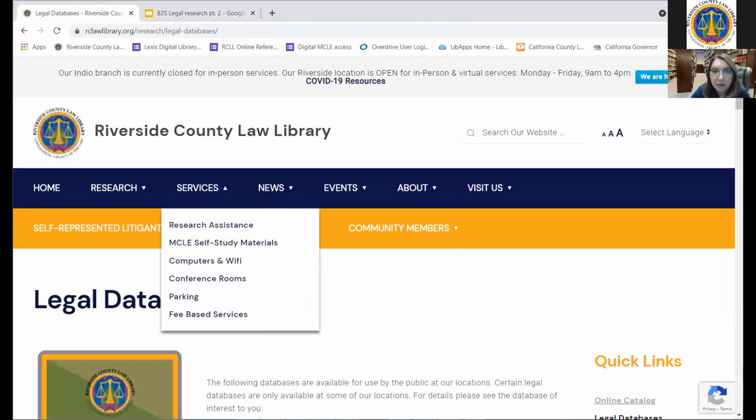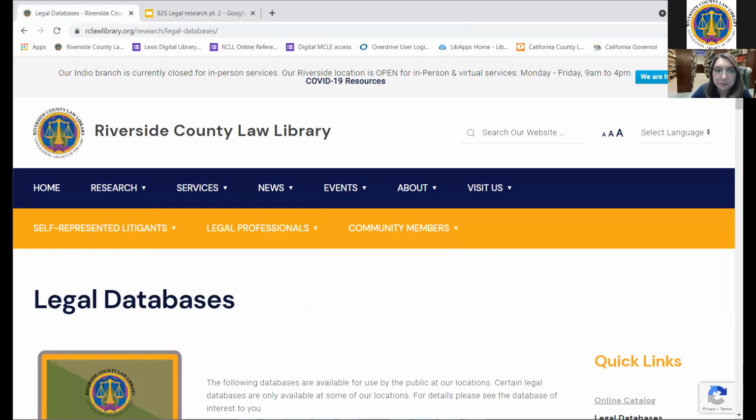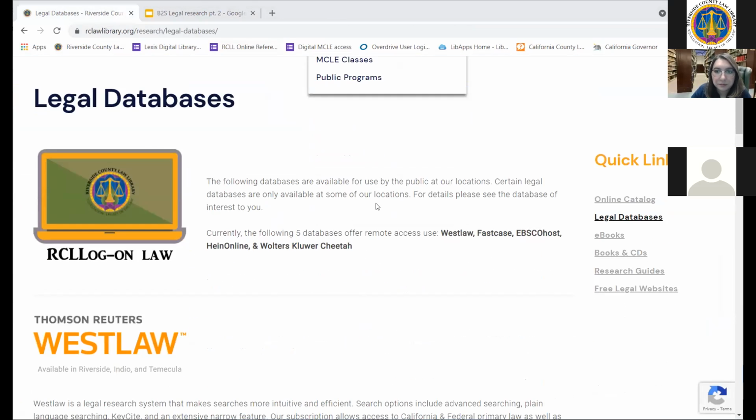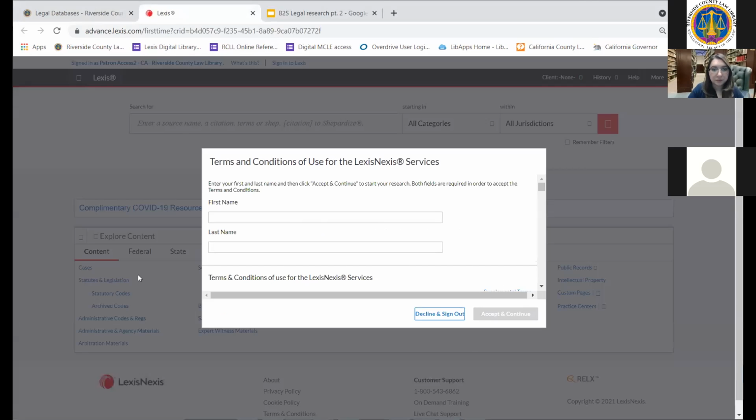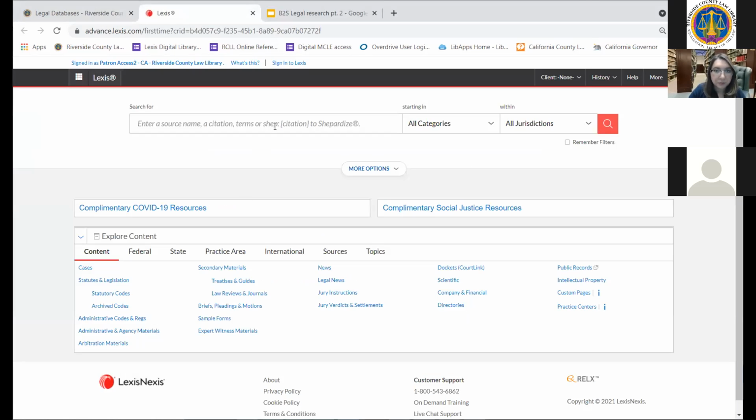Can everyone see our databases? Yes. Okay, so I'm going to go on Lexis first. And I'm just going to plug it in and see what pops up.